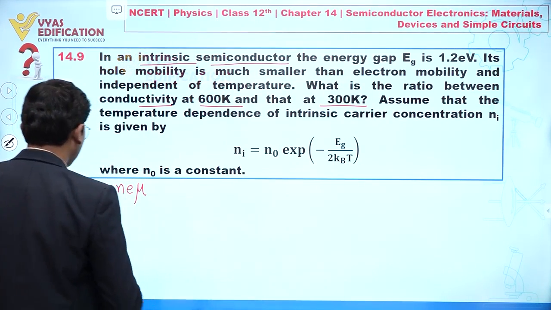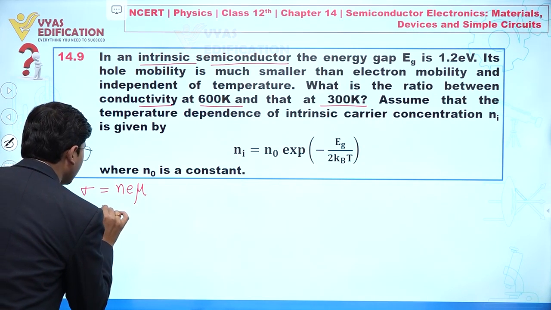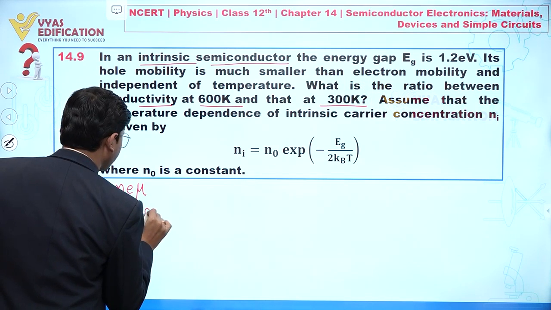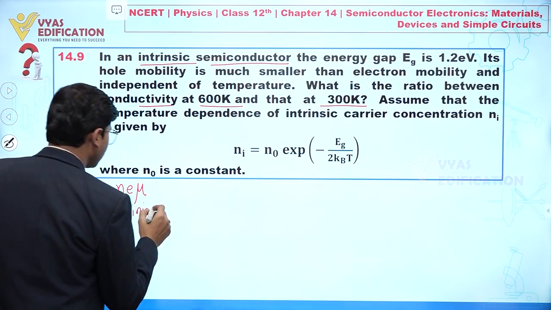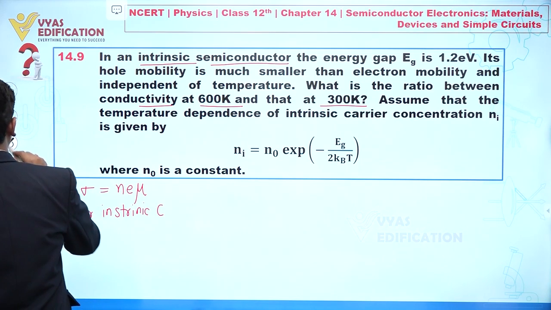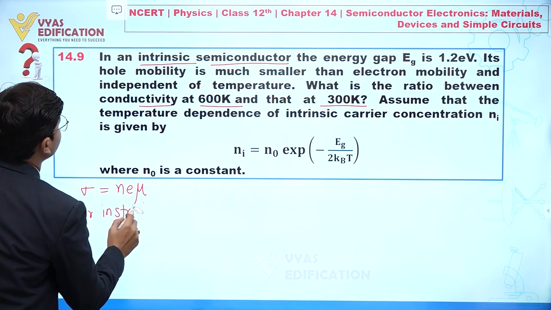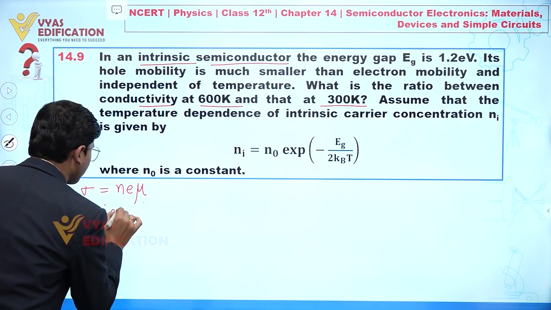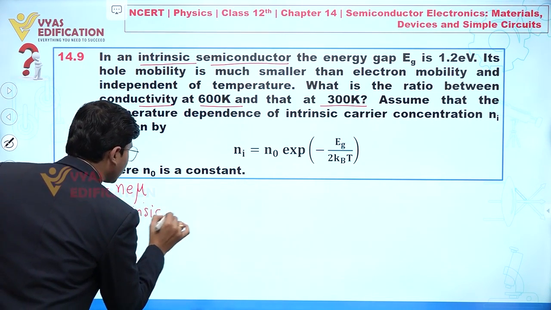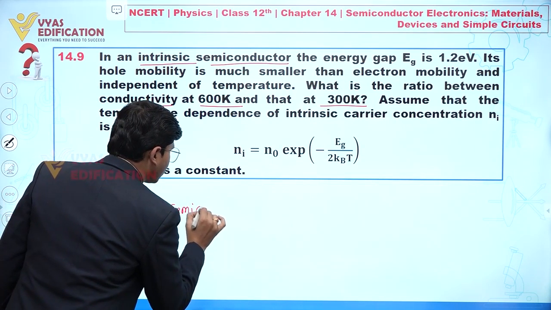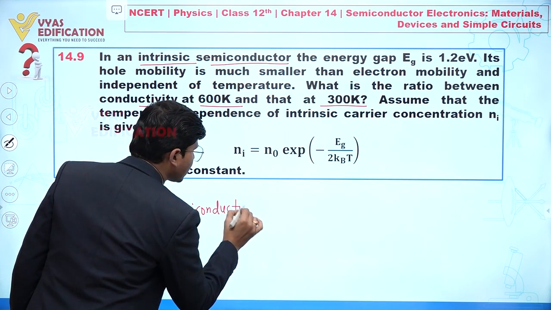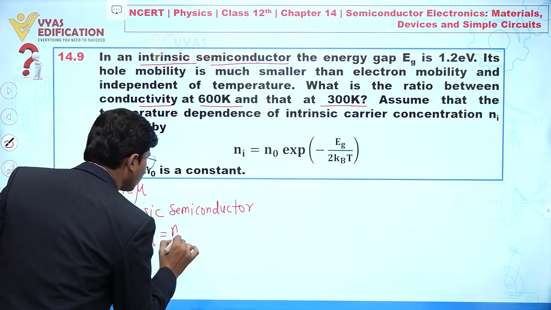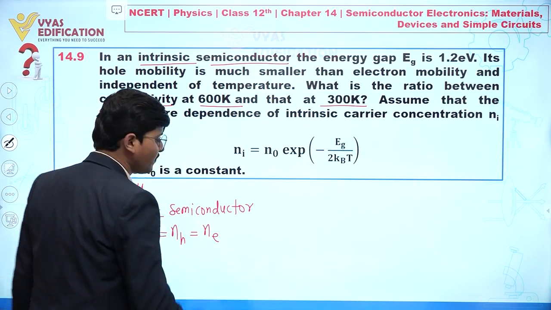So for an intrinsic semiconductor, Ni is equal to Nh, which is equal to the number of electrons.